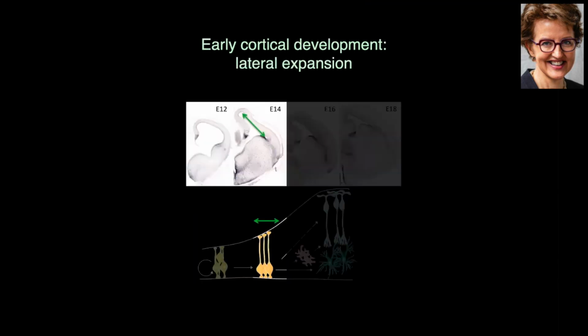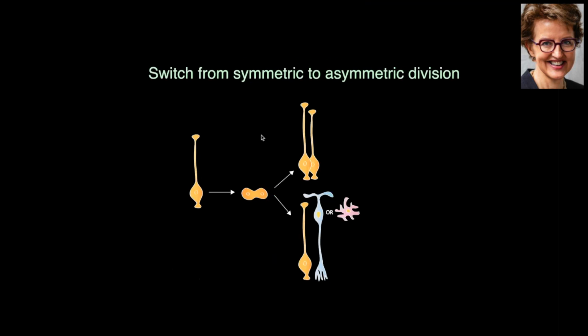And this lateral expansion, so this is normal here. You can see the control animals between E12 and E14, embryonic day 14, this lateral expansion that occurs of the ventricles initially. And then following that, there is a switch from this symmetric division of more radial glia to an asymmetric division here.